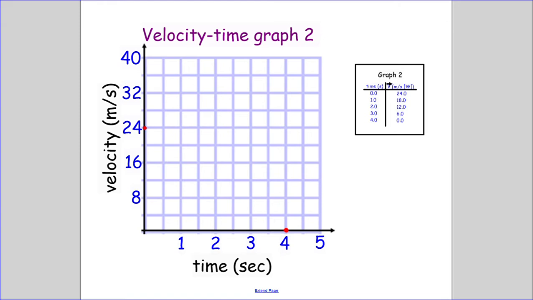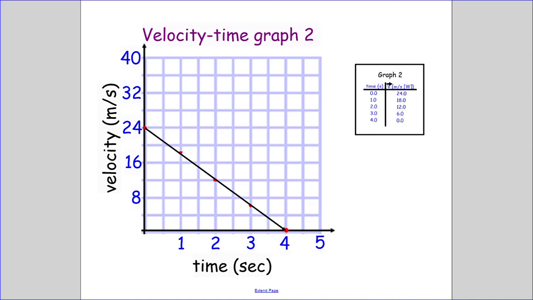So at 1, I'm at 18, and at 2, I'm going to be at 12, and at 3, I'm going to be at 6. And so I can see here now what I have is a line heading downward. In this case, what's happening in this graph is I'm decreasing my speed as time moves on.